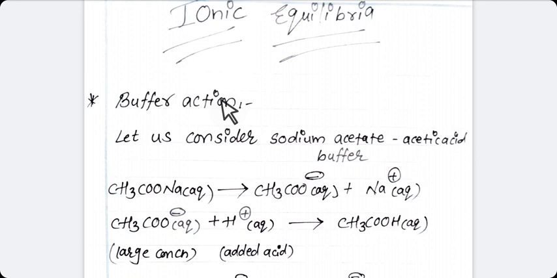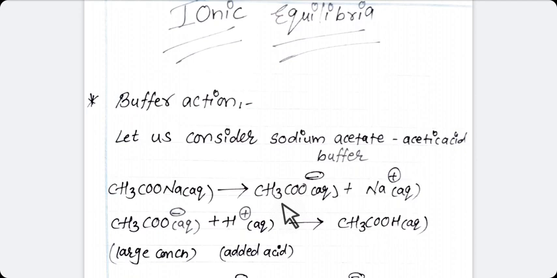So student, here sodium acetate is a strong electrolyte which dissociate completely in water and producing large concentration of acetate ion, as you have seen in this reaction.